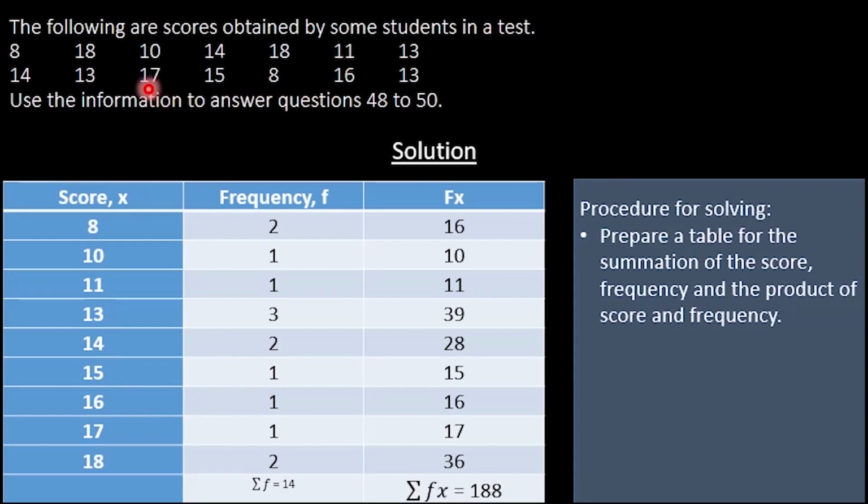Now our fx, that is the product of score and frequency. 8 times 2 we have 16, 10 times 1 we have 10, 11 times 1 we have 11, 13 times 3 we have 39, 14 times 2 we have 28, 15 times 1, 16 times 1, 17 times 1, 18 times 2 we have 36. The sum of the frequency now we have 14, and the sum of the product of score and frequency we have 188.